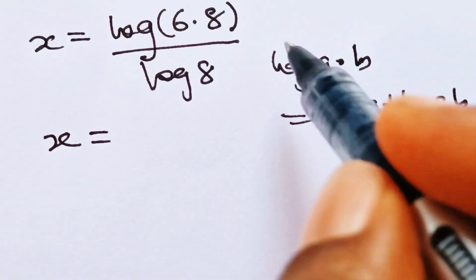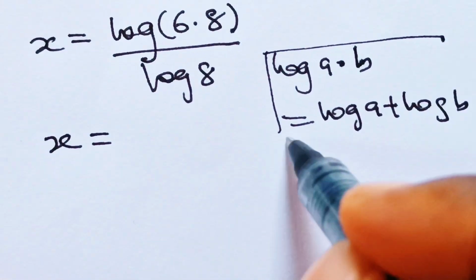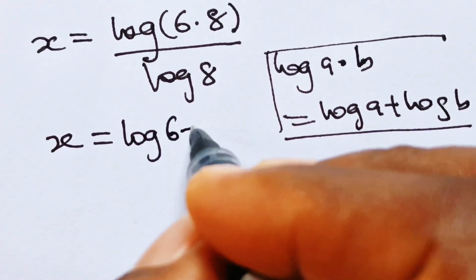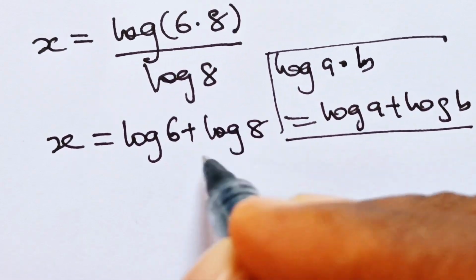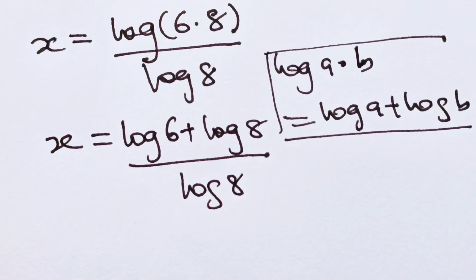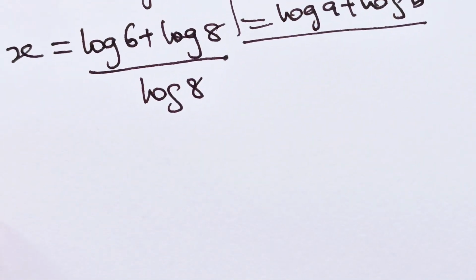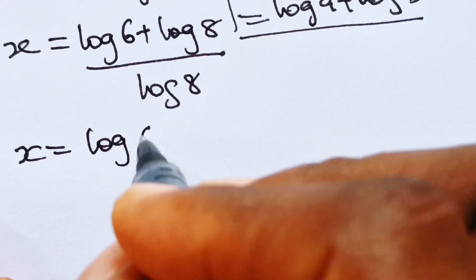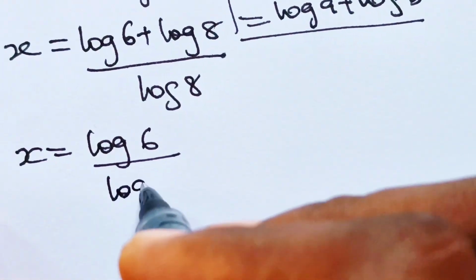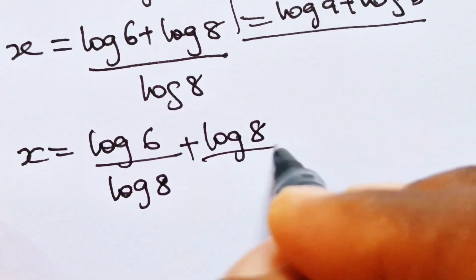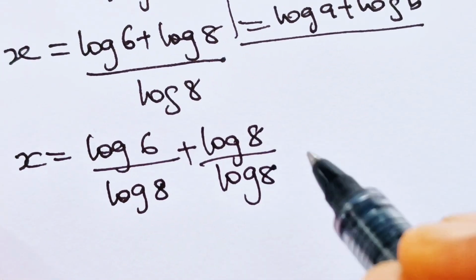So we are going to apply this here. Therefore, we can write this as log 6 plus log 8, everything divided by log 8. Then we have that x is equal to log 6 divided by log 8 plus log 8 divided by log 8.